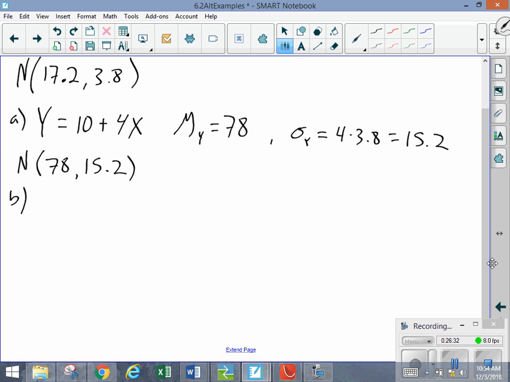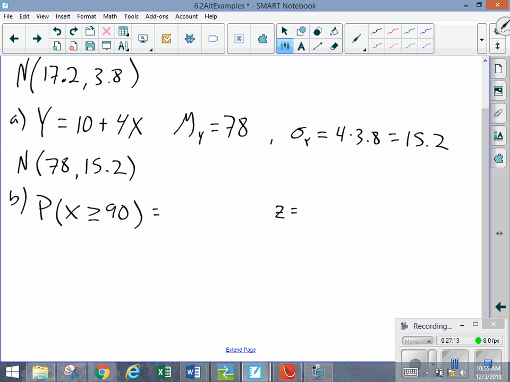All right, so what we're looking at is the probability that x is at least 90, so 90 or more. We have to do some side calculation. Whenever we're doing a normal calculation, we should always find our standardized value, a z-score.